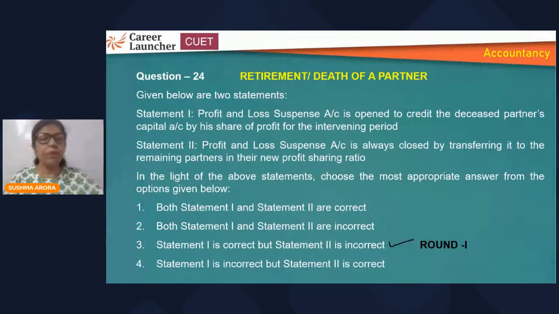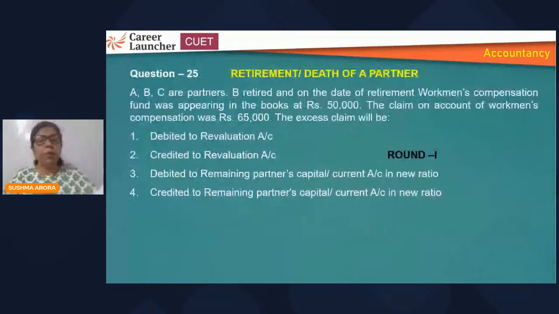Now, A, B, C are partners, B retired, workman compensation reserve appeared 50,000, but the claim is 65,000. See, if the claim is more and the reserve is less, you have to take the difference amount from the revaluation account. So our answer is 15,000, we will take from the revaluation account. Why 15,000?